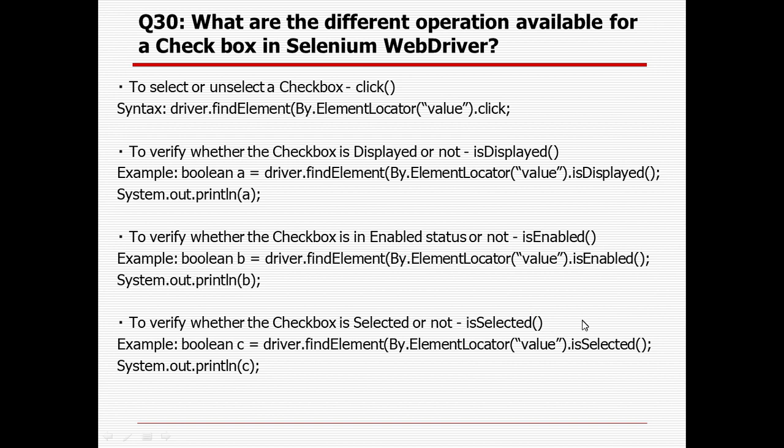So the isSelected method can be used to verify whether the checkbox is selected or not. First we need to identify the element using any locator technique, and then use the isSelected method, and you can store it in a boolean variable, and it will be either true or false.